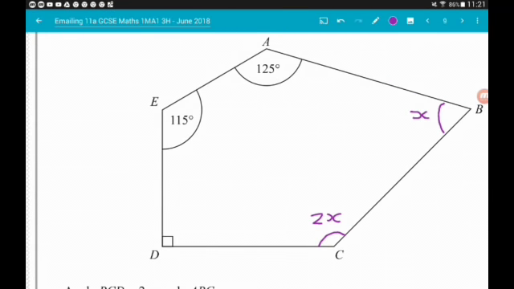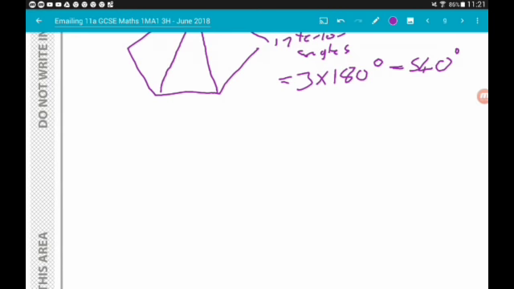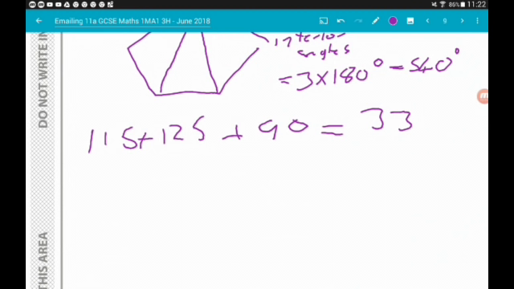So we now know these 5 angles have to add up to 540 degrees. So we know 3 of these angles, 125, 115 and 90. If we add those up, 115 add 125 is 240. Add 90 is 330.